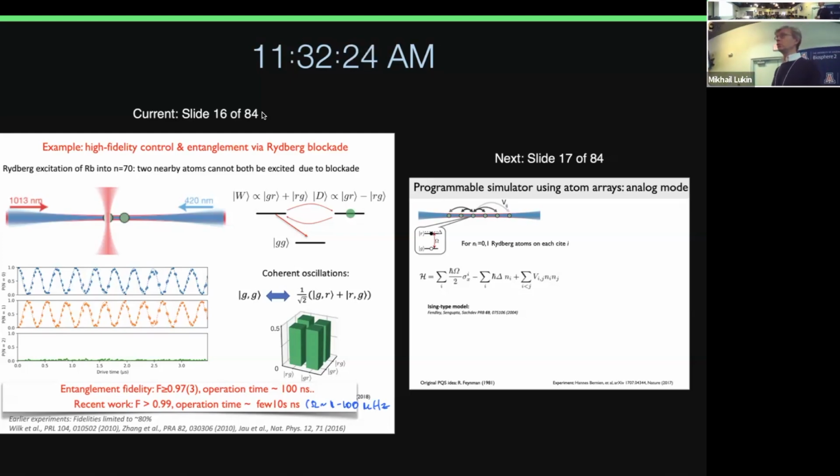The issue is that if you want to use this nonlinearity to do quantum logic, you also have to make sure that losses are very, very small. And photon loss is a big problem because you have a lot of modes of light where the light can scatter.